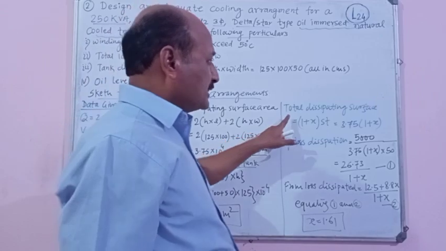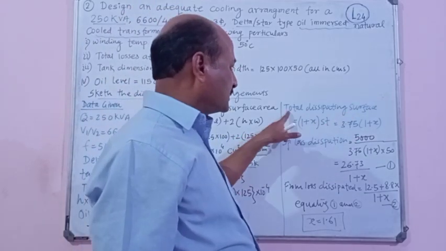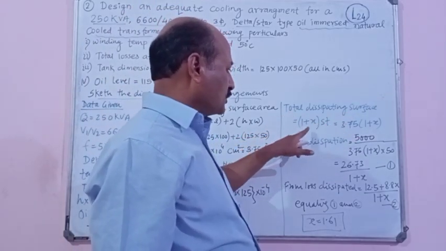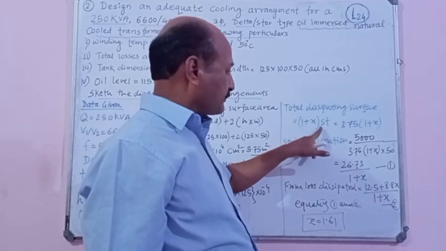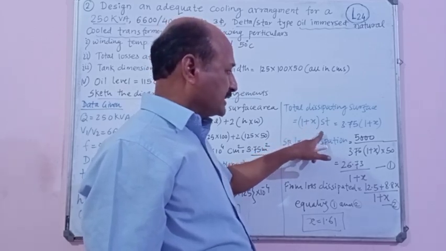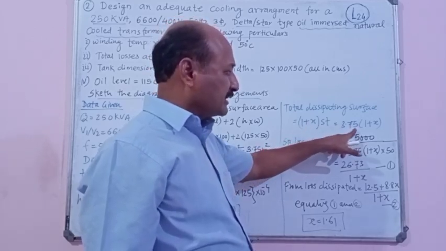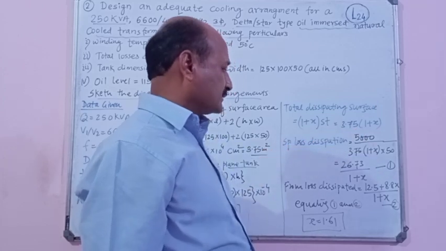So what is the total dissipating surface? The total dissipating surface equals 1 plus x into St. 1 plus x into St equals 3.75 in bracket 1 plus x.